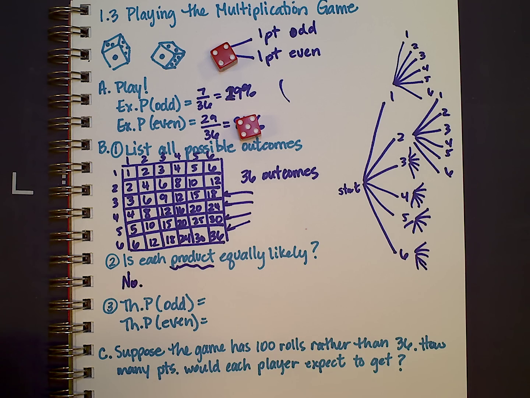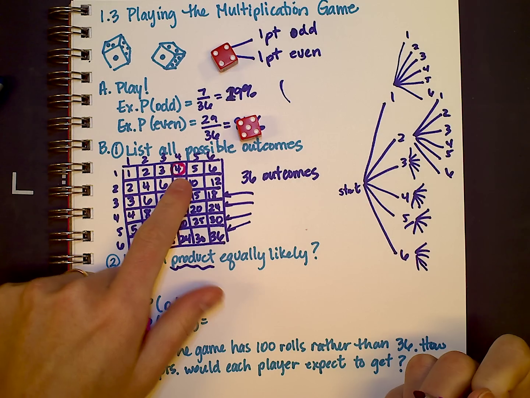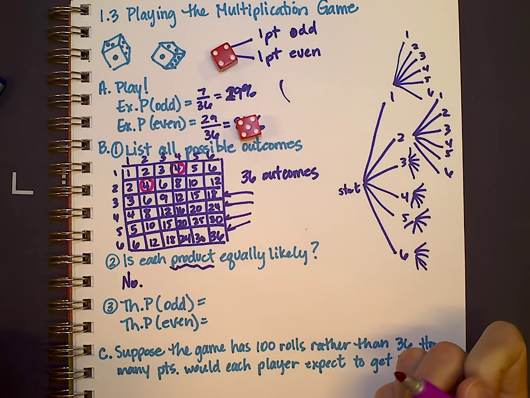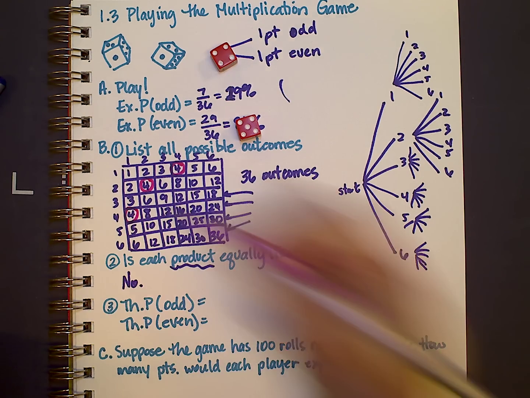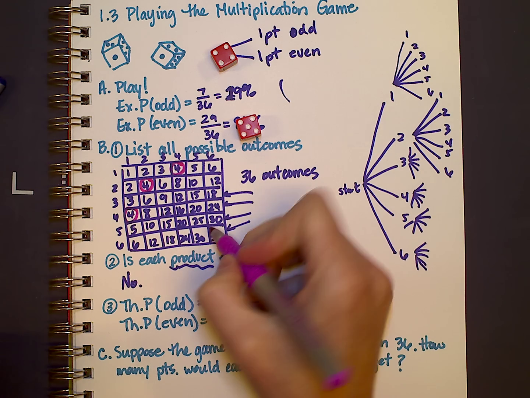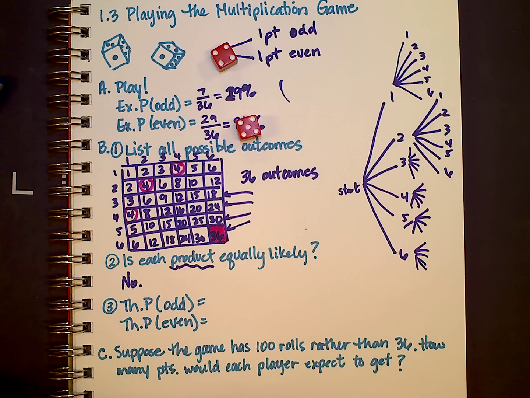And the reason I say that is because if you look at 4, for example, I can get a 4 for a product when I multiply 1 times 4, or when I multiply 2 times 2, or when I multiply 4 times 1. In any case, you can see that there are 3 different ways of getting a product of 4. But then look at 36. There's only one way to get 36.